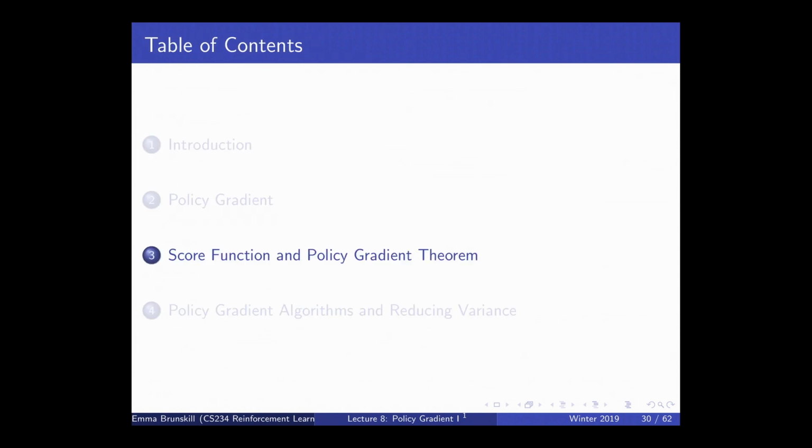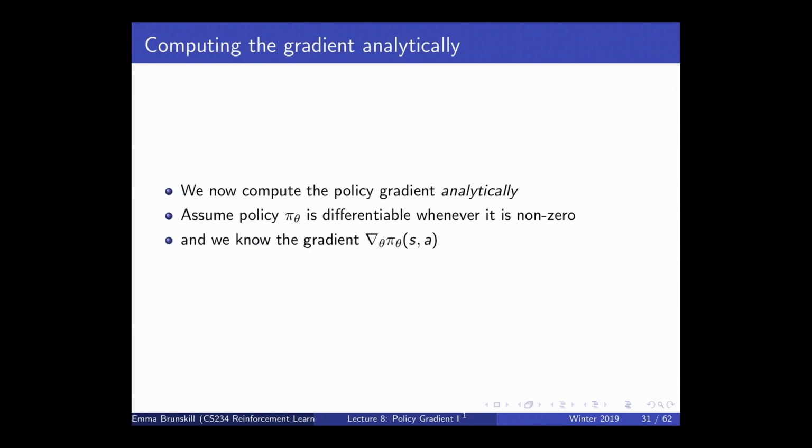Okay, but in general, finite differences is a reasonable thing to try. Often we're going to want to use gradient information and leverage the fact that our policy function is actually differentiable. So what we're going to do now is compute the policy gradient analytically. This is the most common approach in most of the techniques used right now.